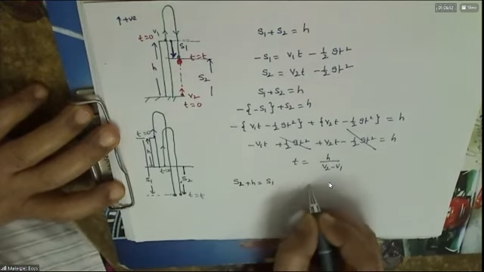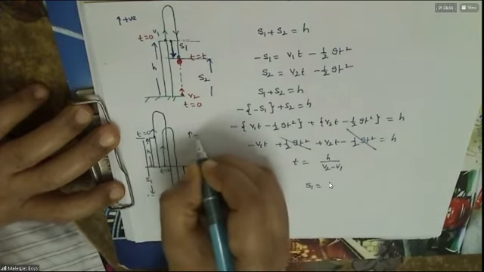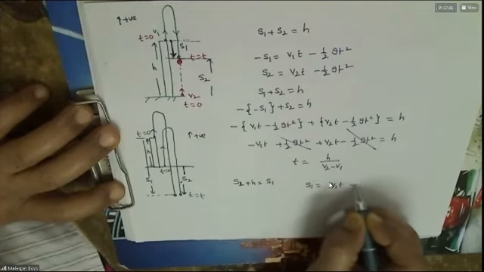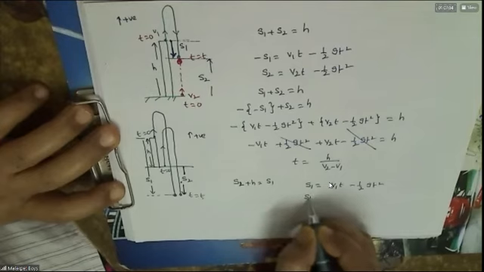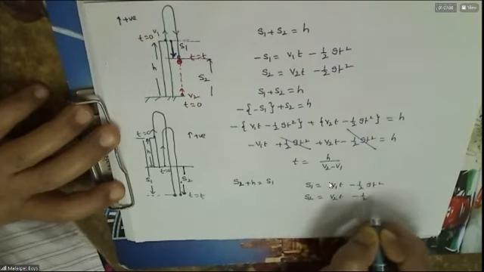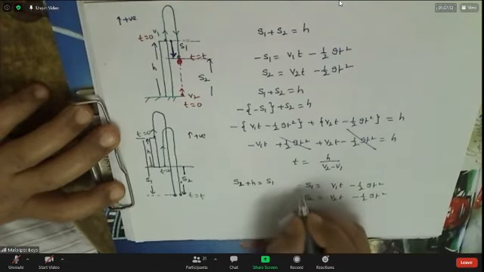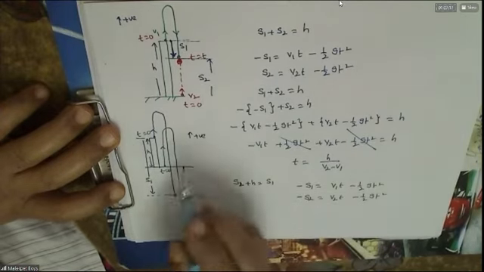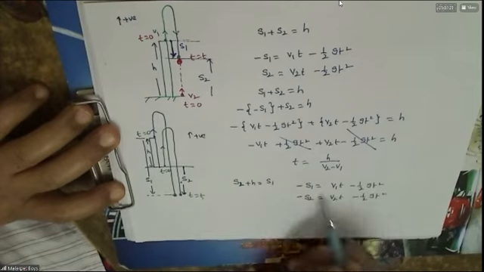S1 is, I am taking upward as positive, no? U1t minus half gt square. S2, you have V2t minus half gt square. Do you agree with this or not? Both are negative only, for a simple reason that upward I am positive, displacement is downwards, no? Signs are correct only, no?